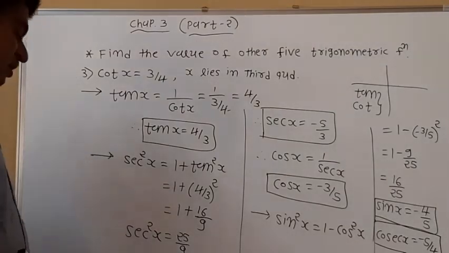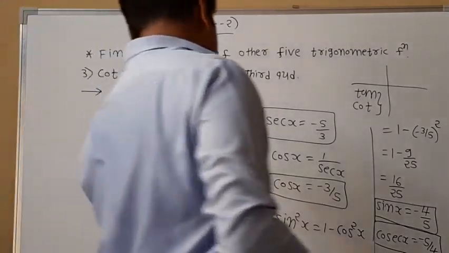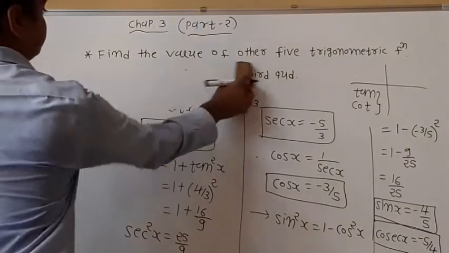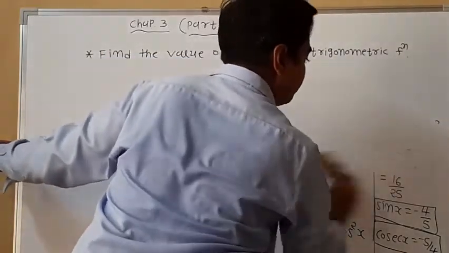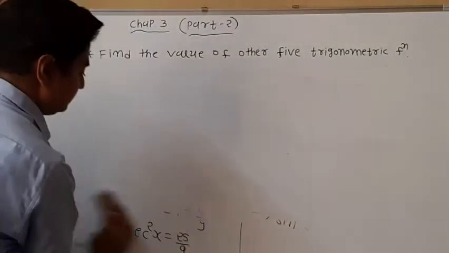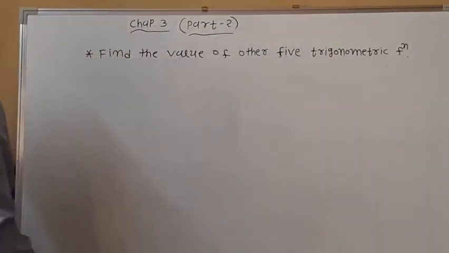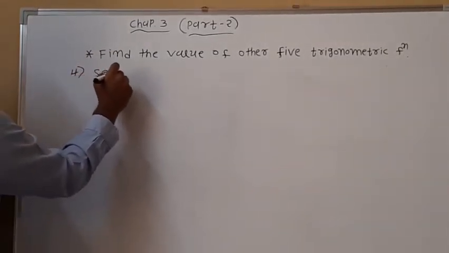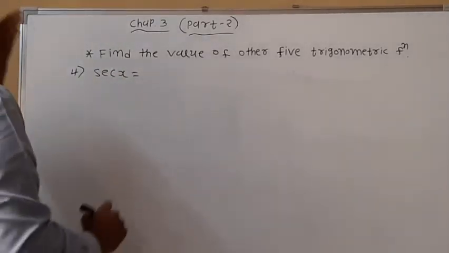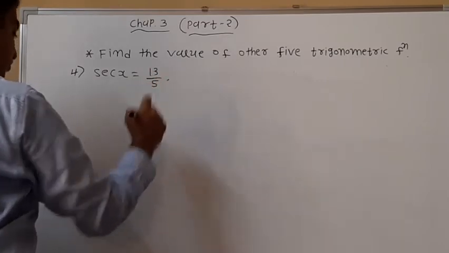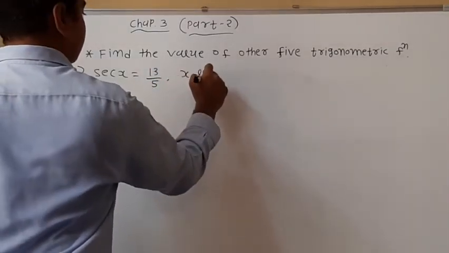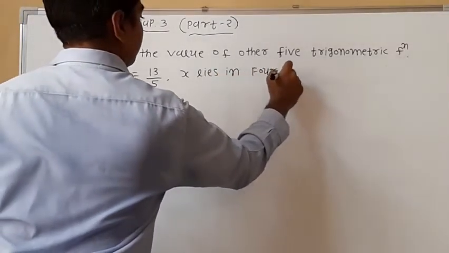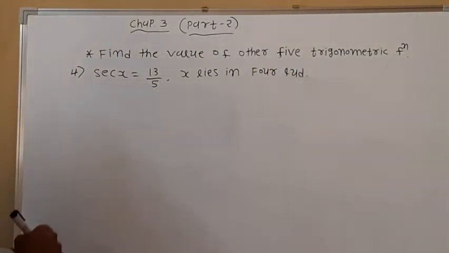Clear? Okay. Now take one more example. sec x is equal to 13 upon 5, and x lies in the fourth quadrant.